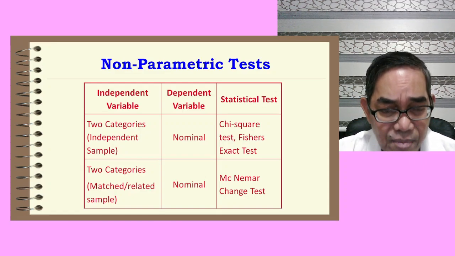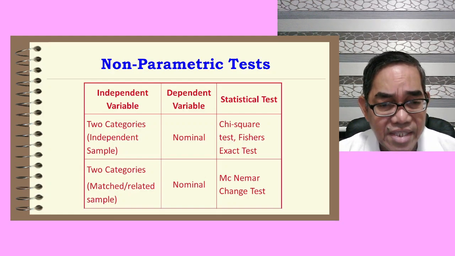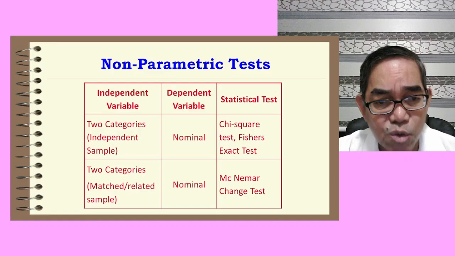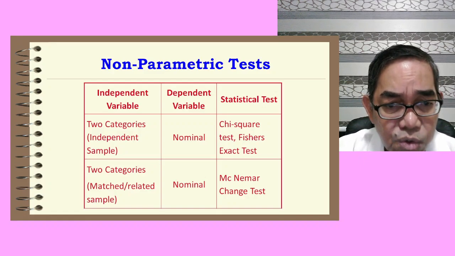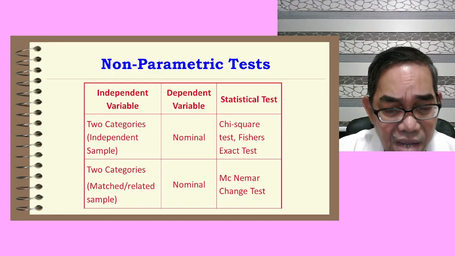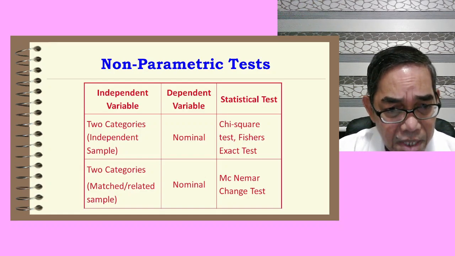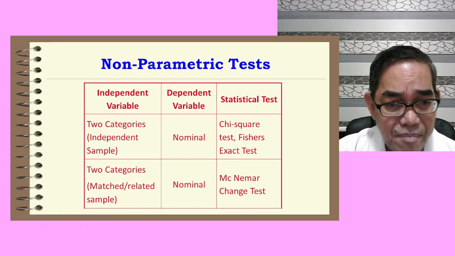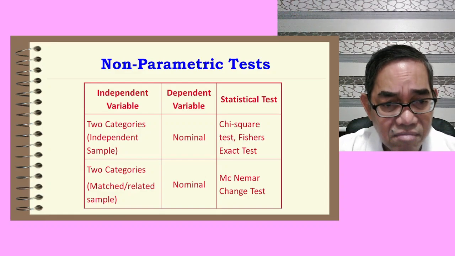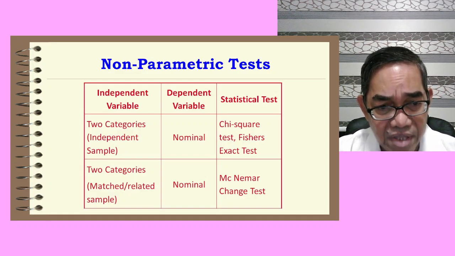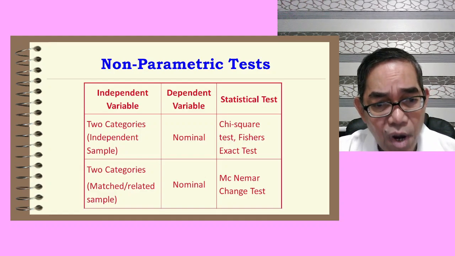We just classify the independent variables as to whether we have a two-category independent sample. When we talk about independent samples, we mean the categories are not related to each other, or they are not matched.